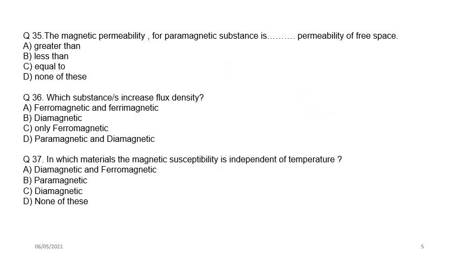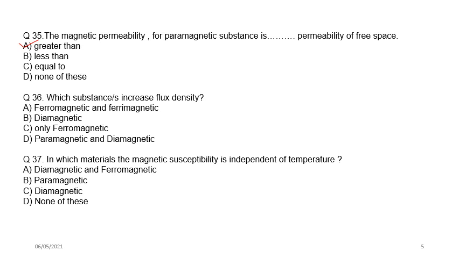The magnetic permeability for a paramagnetic substance is ... the permeability of free space: greater than, less than, equal to, or none of these. If you compare the magnetic permeability of free space and the paramagnetic substance, the permeability of the paramagnetic substance is very small, but slightly higher than the permeability of free space.